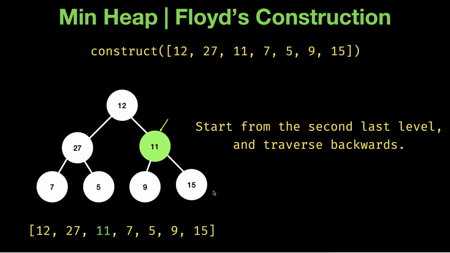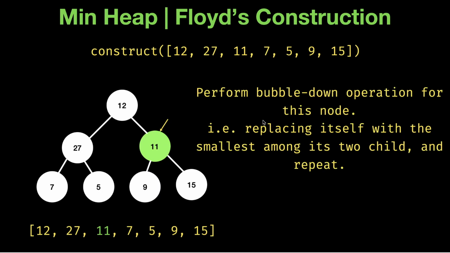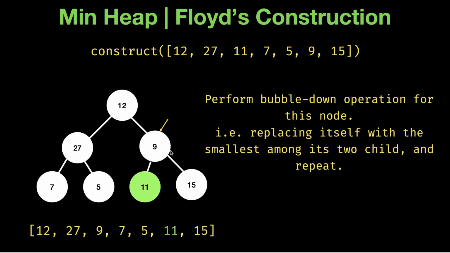It is less than 15, but it is not less than 9. So we have to swap it. 9 goes upwards, 11 comes downwards. We are performing a bubble down operation here, and yes, the heap invariant property is satisfied.